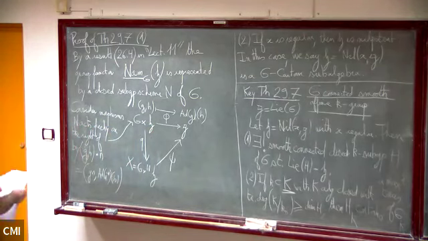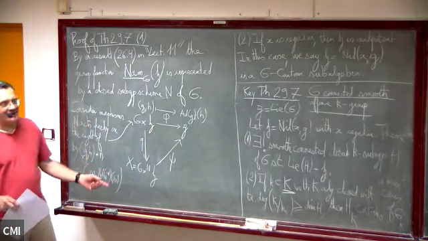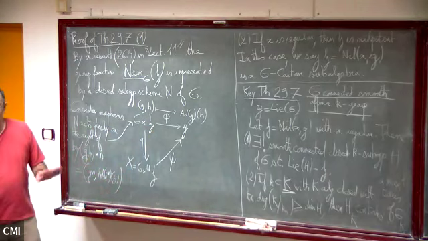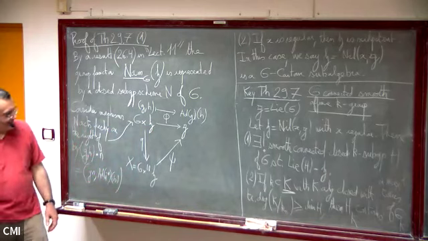Well, no, it's SGA, it's exposé 5 of SGA, which shows that over a field, quotients always exist.